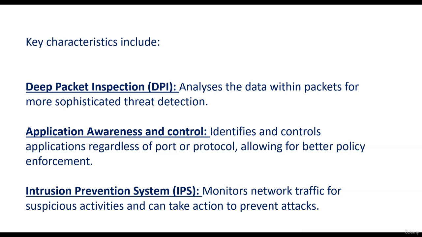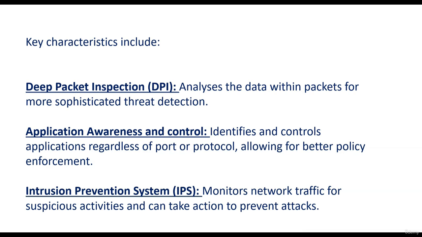However, the next generation firewall works up to layer 7, so it can perform all these following features. Okay, the first one is deep packet inspection. In short, we refer to it as DPI. It analyzes the data within a packet for more sophisticated threat detection.